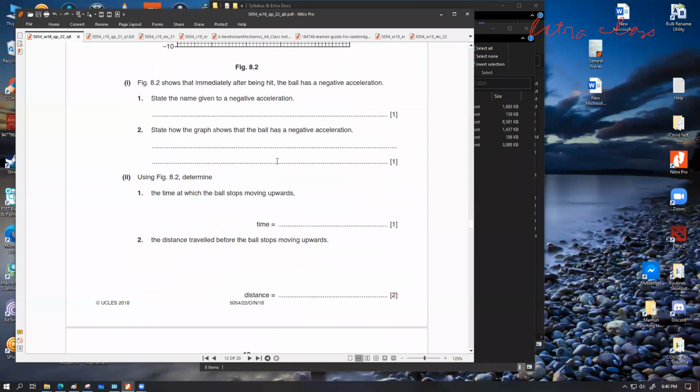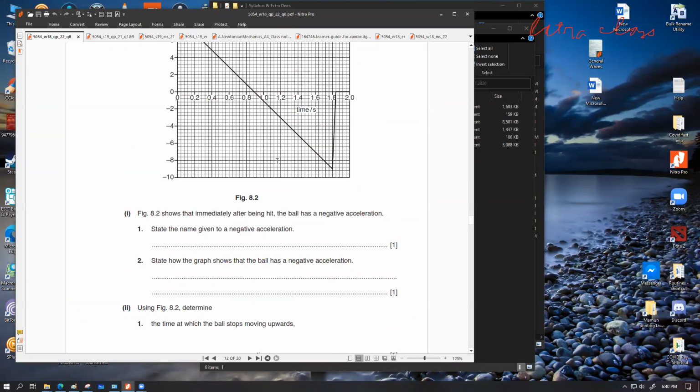So that incident is going to happen over a really short amount of time. I mean, the ball hitting the ground and coming to a stop is going to happen within a very short amount of time, which will give the ball a really high amount of acceleration. Hence, the line is almost vertical. Or in terms of, if I want to explain this in terms of equation, you see, acceleration is given by what?